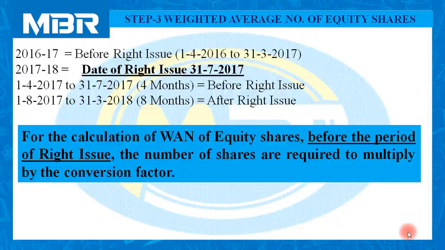Whatever the period available to us before right issue, we need to calculate weighted average numbers of equity shares based on the conversion factor that we have completed just before a few minutes. For this question, conversion factor is 1.1. I hope everyone is clear with this guideline provided in AS 20. Just raise your query in chat.